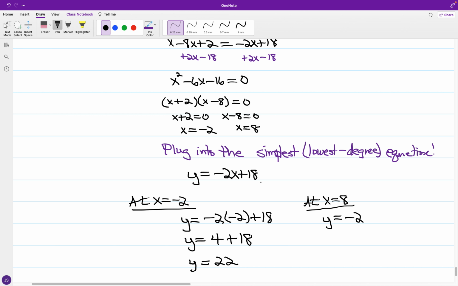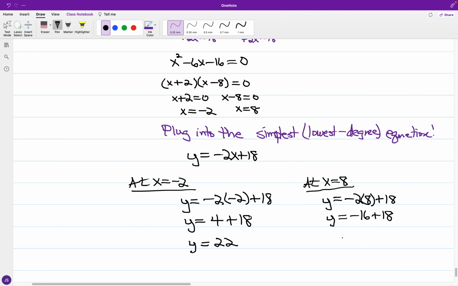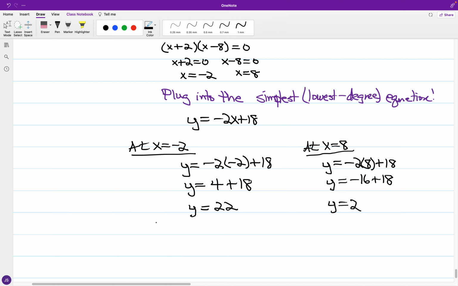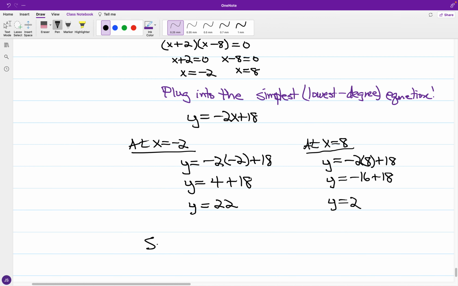And at x equal to 8, we have y is equal to negative 2 times 8 plus 18. Negative 2 times 8 is negative 16, and negative 16 plus 18 comes out to positive 2. So for the solution, we'll end up with two distinct points.